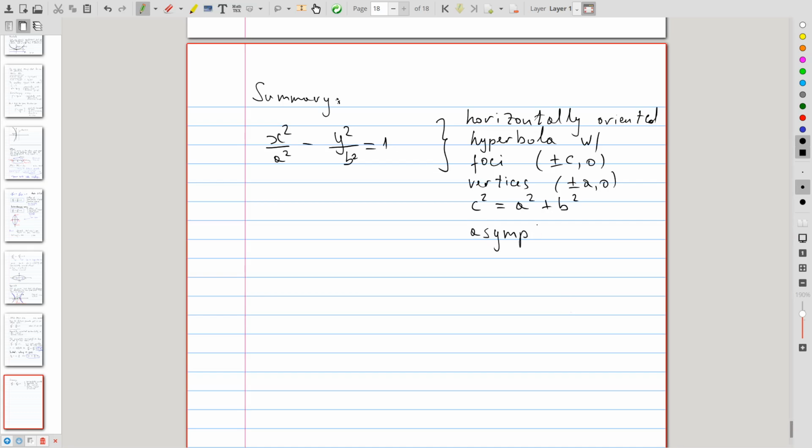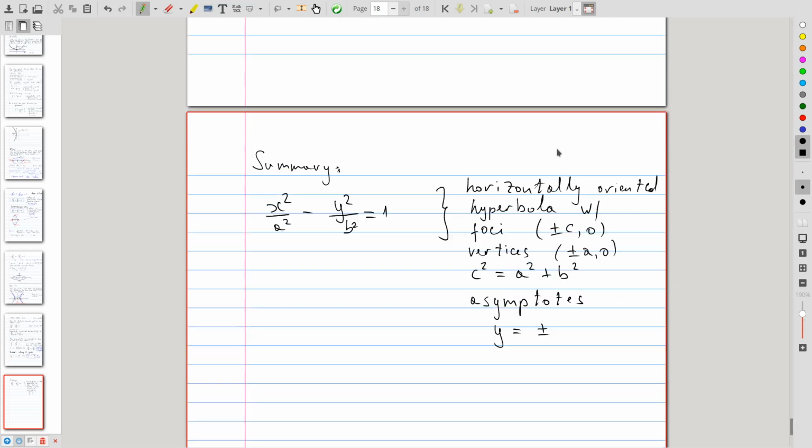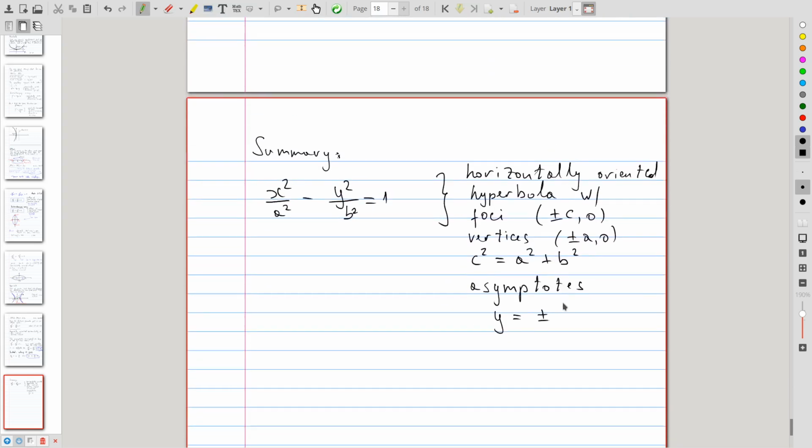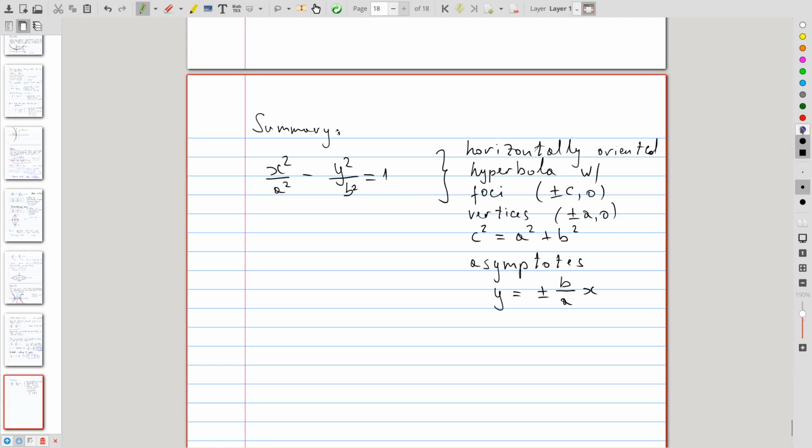Asymptotes: y equals plus minus b over a times x. Okay, great. So this summarizes all that we have learned about this particular hyperbola.